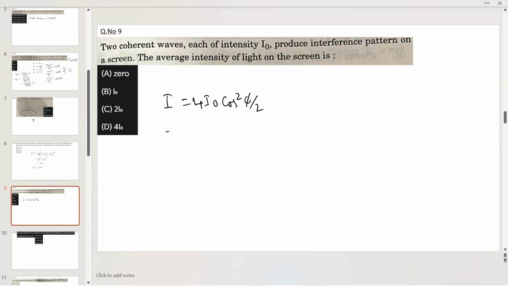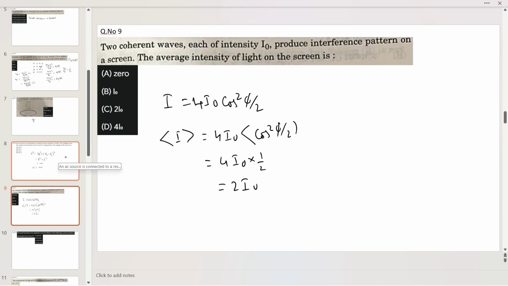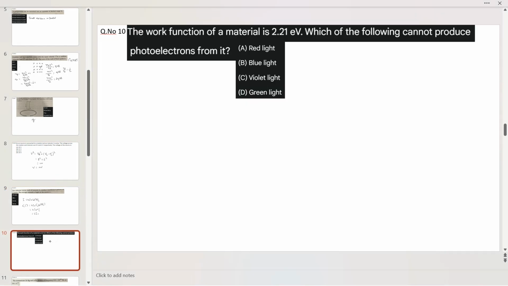Now we are going to take the average. So the average will be 4 I naught, and the average of cos square phi by 2 is 1 by 2. So I naught into 1 by 2. So this will be 2 I naught. So the answer is C.